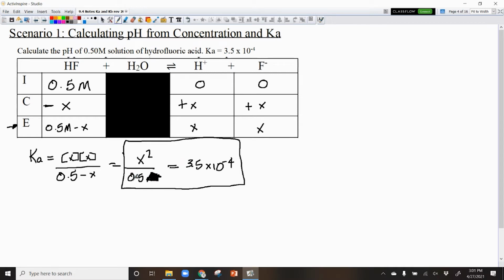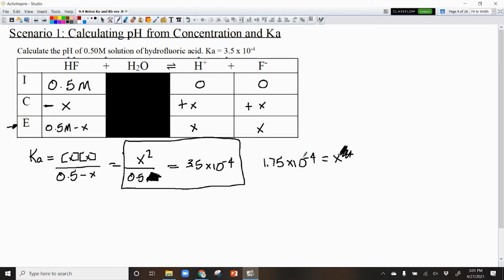So here we just have to multiply both sides by 0.5. So we're going to get 3.5 times 0.5, 1.75 times 10 to the negative 4 is equal to X squared.